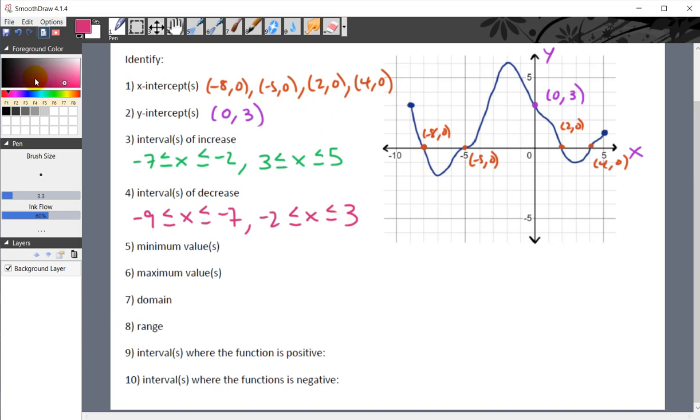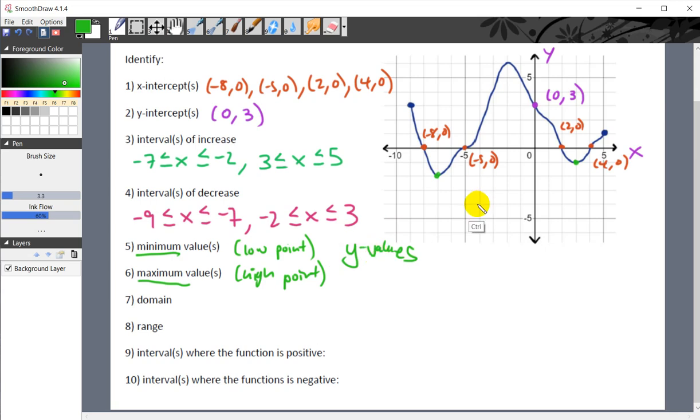Okay, now let's identify our minimum values. Minimum values here represent low points. In other words, where is the low point of this graph? What I see here is this can represent a low point, and I believe this here can also represent a low point. Maximum values represent high points, and I'll explain that later. Generally, if you're trying to find minimum or maximum values, you're looking only at the y values.